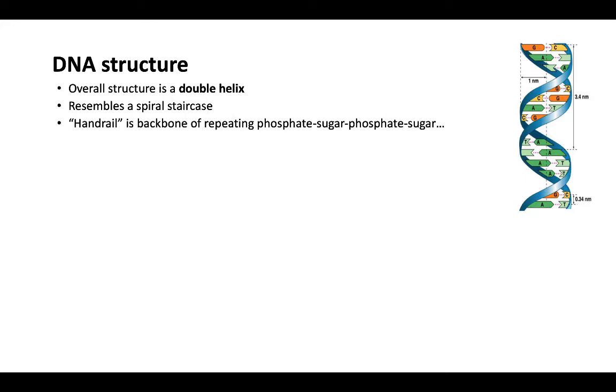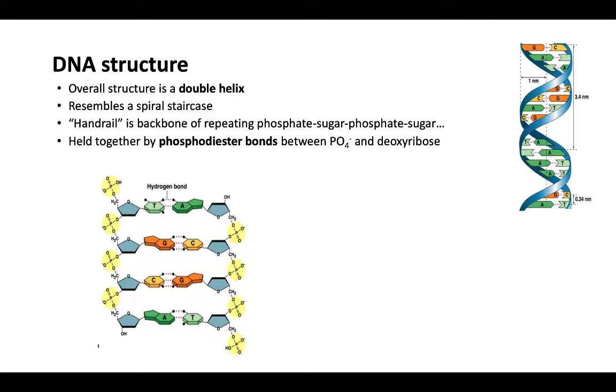So the handrail or the sides or the backbone of the molecule is repeating phosphate, sugar, phosphate, sugar, phosphate, sugar, phosphate, sugar. And the bonds between the sugars and phosphates are called phosphodiester bonds. It's actually between the oxygen of the phosphate group and a carbon on the deoxyribose sugar, or a ribose sugar if you're looking at RNA.